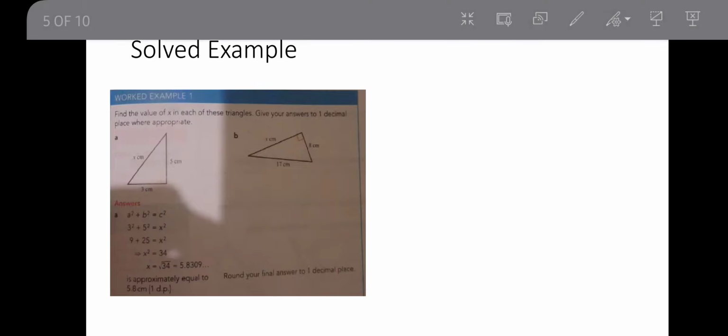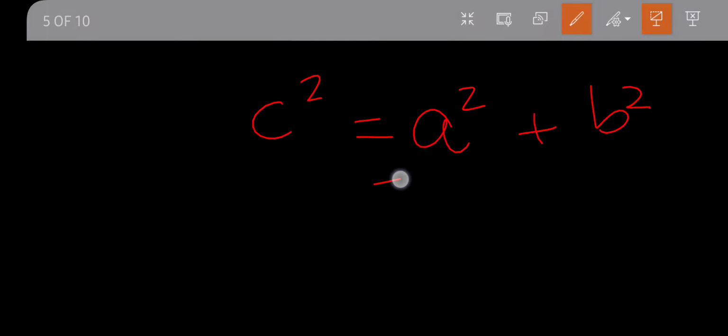We all know that Pythagoras theorem is a square plus b square is equal to c square. As hypotenuse square is equal to a square plus b square, or we can write it as b square plus a square, it does not affect your calculations or the result.